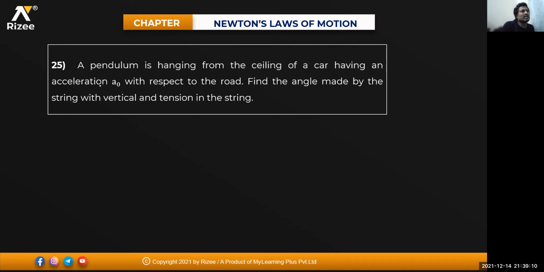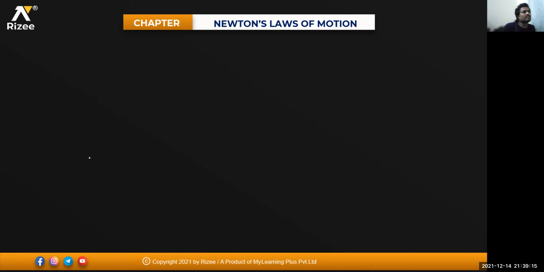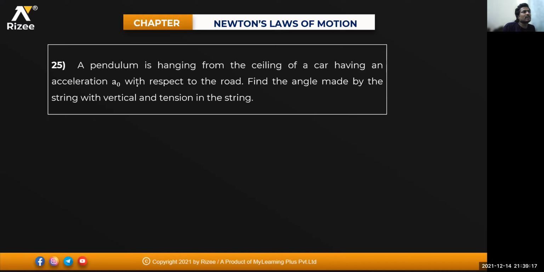So what is it telling here? We have a pendulum which has been hanging. A pendulum is hanging from the ceiling of a car having an acceleration of a0.